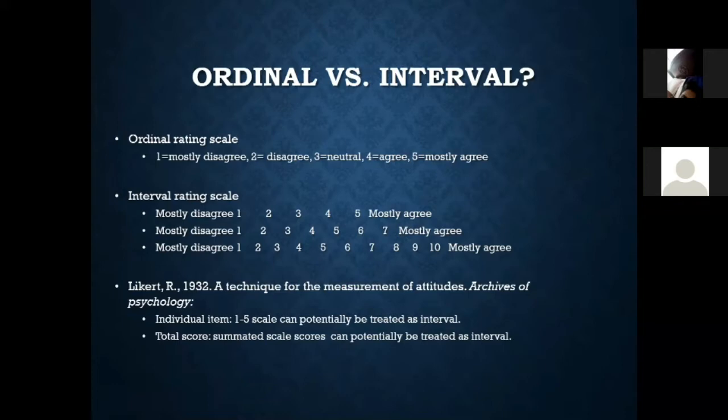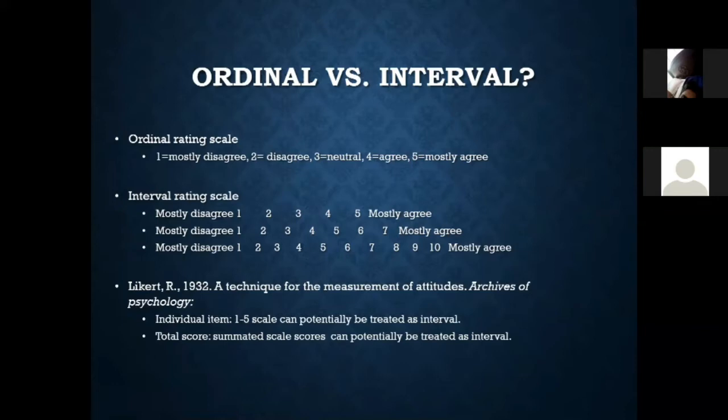If you are using an ordinal Likert scale or ordinal rating scale, your response scale would be, for instance, 1 mostly disagree, where you have a name for each category, 2 disagree, 3 neutral, 4 agree, and 5 mostly agree.